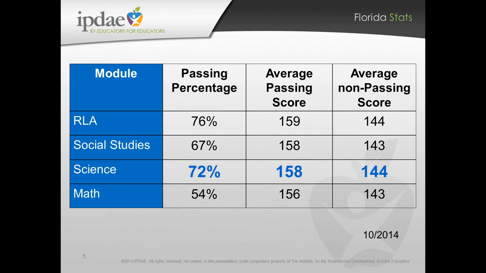For a student who is looking to go on to higher ed, or maybe to the tech center to take a certificate program, it might be worth their while to spend a little more time in the classroom looking at those performance levels, at the difference between level 2 and 3, and seeing if there's a way that we can increase that student score so we can get those average passing scores even higher.